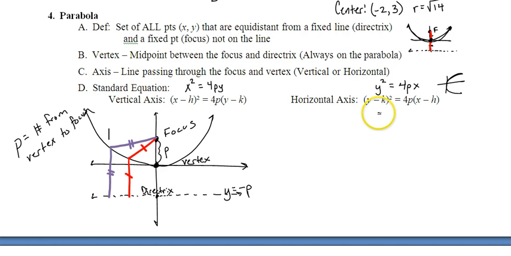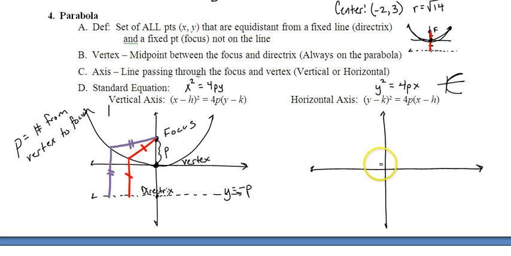Horizontal axis, same idea. I'm going to again make my vertex at the origin just because it's easier. So there's my vertex, and if I see y squared, I either have to open to the right or to the left. Let's open up to the right. There's your vertex point. Oftentimes I just label that with a V. Focus, put it here.